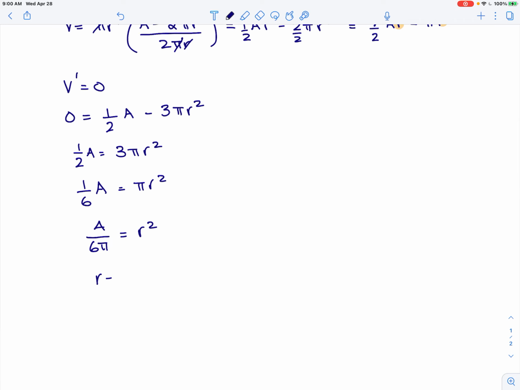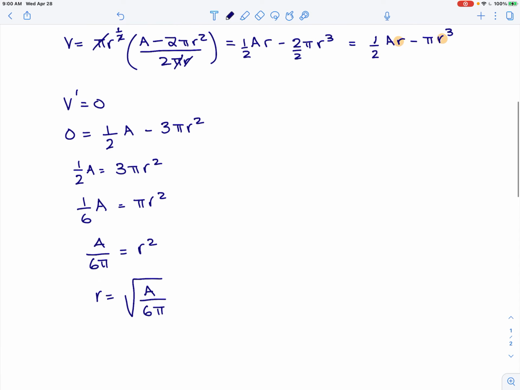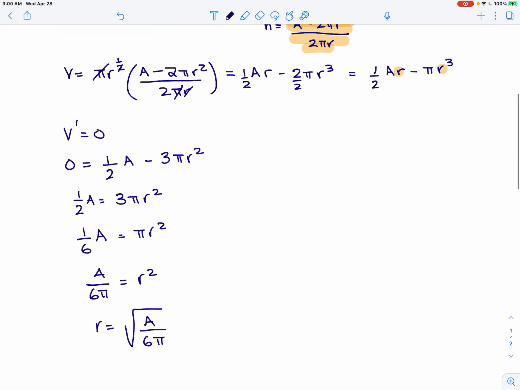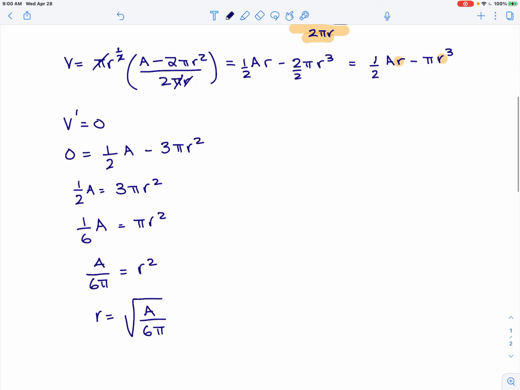I can square root both sides, and I get r equals the square root of A over 6 pi. That doesn't really tell us in terms of h, does it?